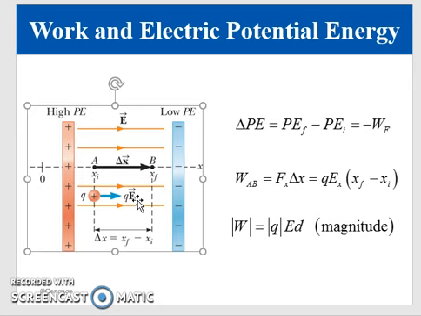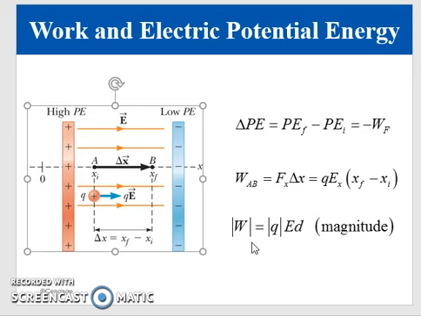But the essential point here is that the change in potential energy is equal to the negative of the work. And since the work is equal to QE times the displacement, if our motion is restricted to a straight line, we can replace delta x with d, and we can then say that the magnitude of the work is equal to my charge times the electric field times d, or QEd.